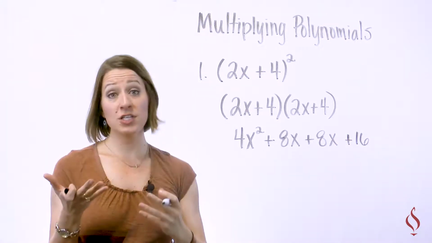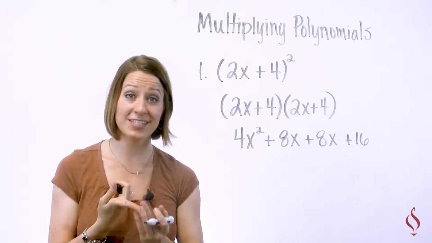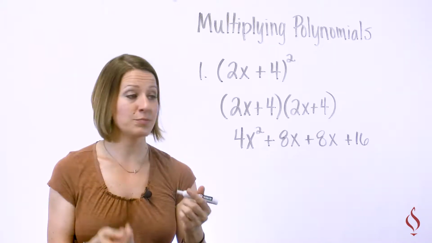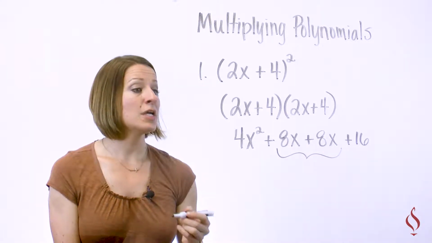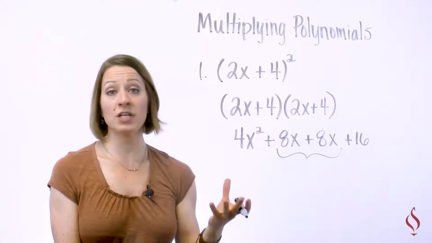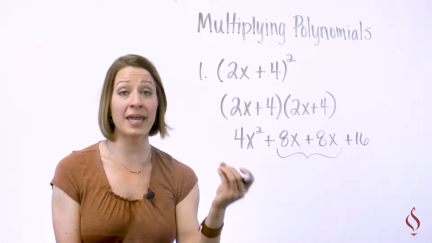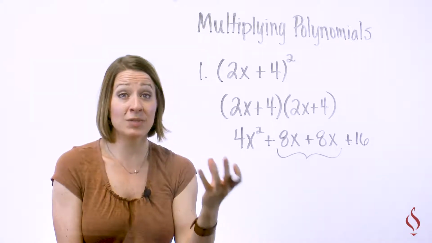Okay, to finish up with our answer, we need two things to happen. We need to keep our answer in descending order, and we need to collect like terms. Right here in the middle, they do both have a coefficient of 8, but what's more important is that they both have the variable x. The variable x is what makes them like terms.